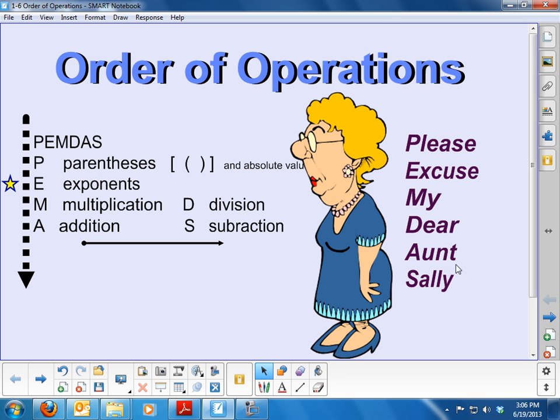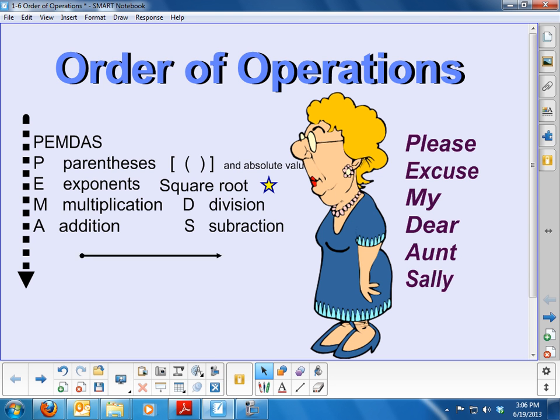When we do exponents, E, you also now need to think of E, exponent, as including square roots. So if you see a square root in your expression, you're going to treat that as the second level under exponents. Multiplication and division are that next level. Remember that it can be multiplication or division, whichever comes first from left to right in your problem.